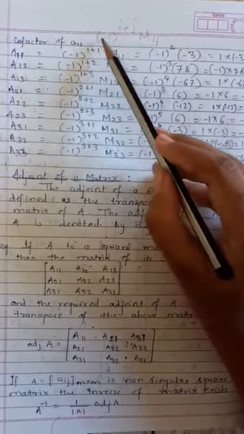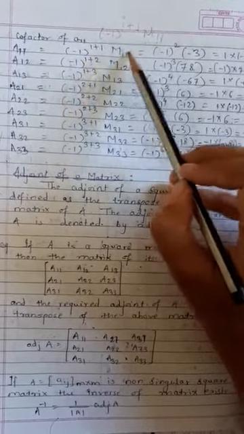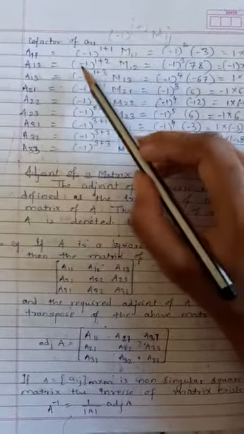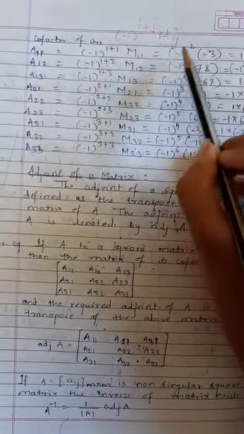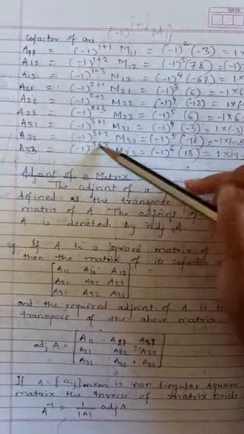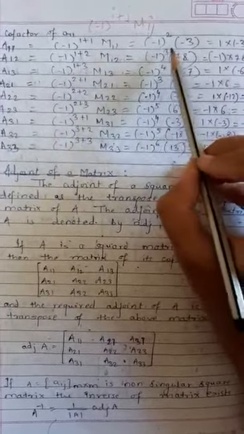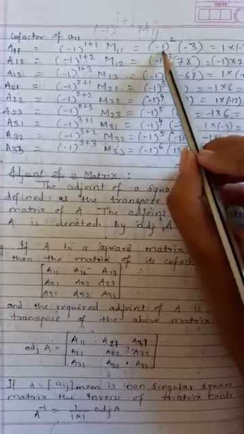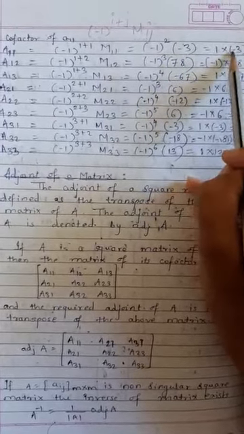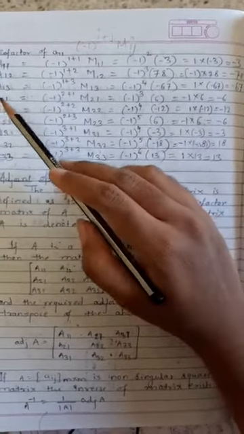So (-1) raised to 1 plus 1 into M11, that is (-1) squared into M11. From the last page, M11 is minus 3. Minus 1 squared is positive, so 1 into minus 3, the answer is minus 3.